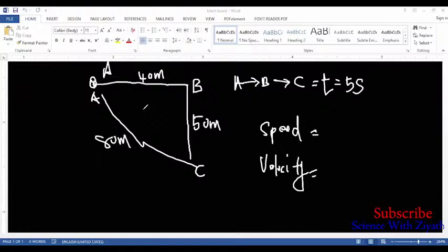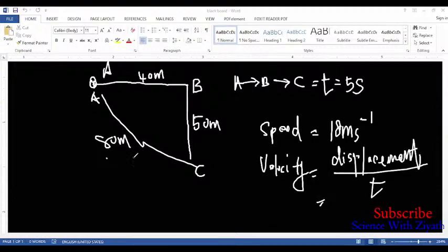Speed is equal to total distance over time. Find it. Speed is 18 ms minus 1, 16 ms minus 1. Velocity is displacement over time.